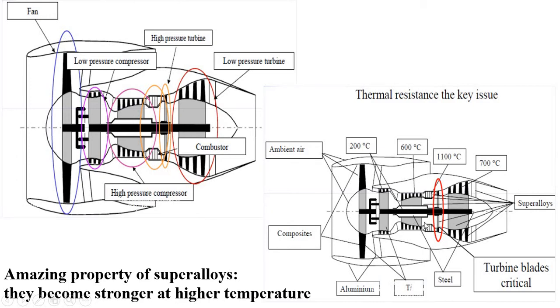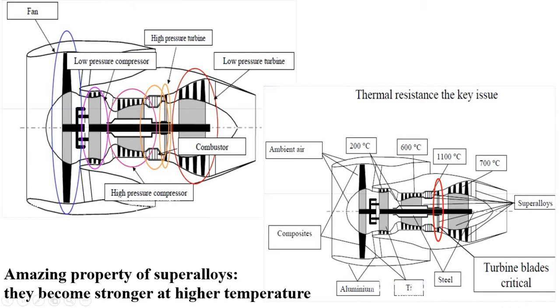Then in the high pressure compressor area, it increases to 600 degrees Celsius. Then in the combustion chamber, it is around 1100 degrees Celsius. Then in the low pressure turbine area, it is 700 degrees Celsius. So that is the temperature distribution inside the jet engine during its operation.